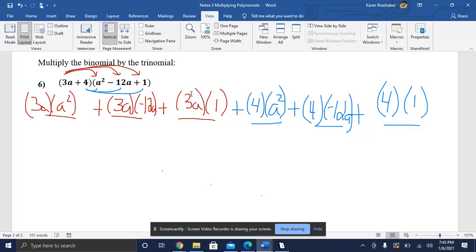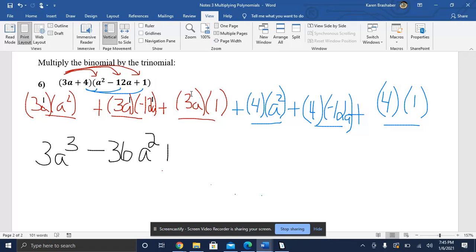So as we look at our answer, we have 3, and then on our a's, we'll keep the base of a, add our exponents to get a to the third. I'm multiplying a 3 times a negative 12. That will be a negative 36. I have an a to the first and an a to the first. So we'll add the exponents to get a to the second.